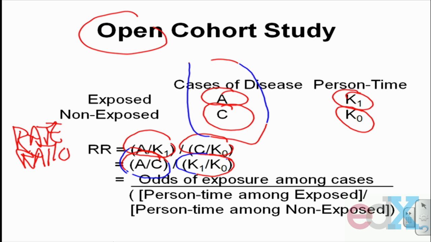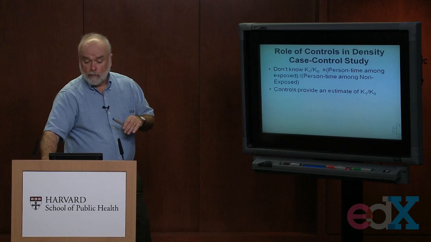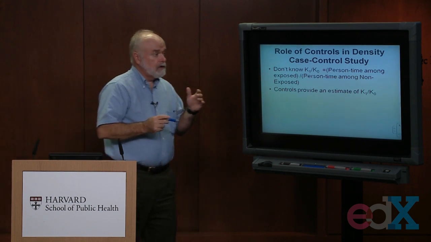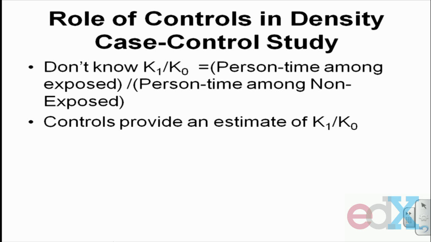And that's what the controls are trying to give you, an estimate of the relative sizes of the person time contributed by exposed people to the person time contributed by non-exposed people. If it does that, your exposure odds ratio from your case control study is going to be able to estimate your rate ratio. So what your data would look like is when you select your controls, you want your controls to provide an estimate of the size of the person time, exposed person time to non-exposed person time.